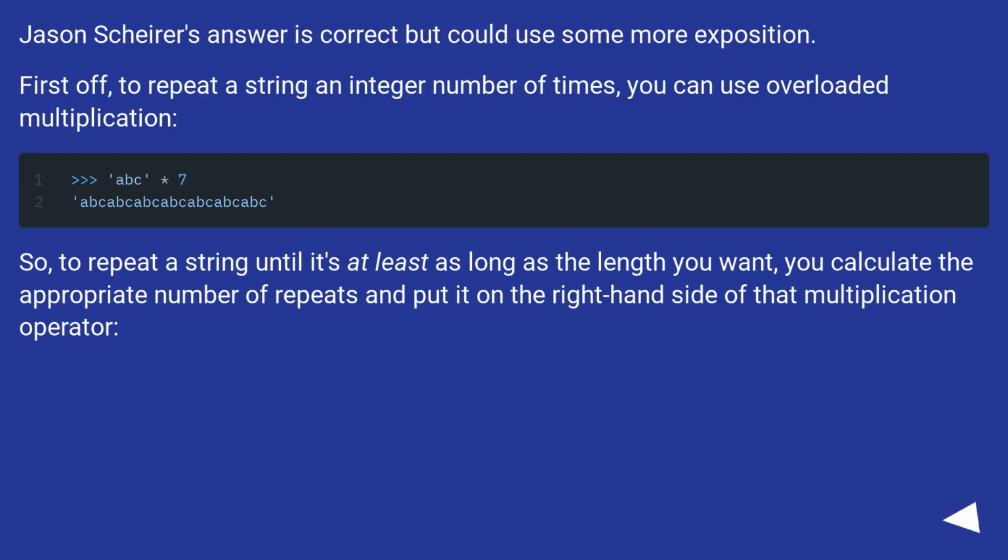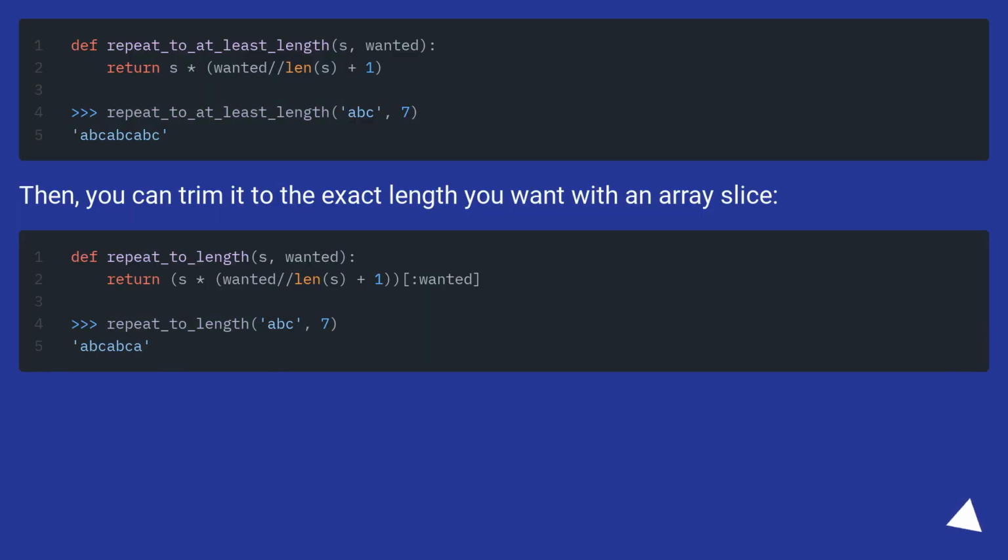So, to repeat a string until it's at least as long as the length you want, you calculate the appropriate number of repeats and put it on the right-hand side of that multiplication operator. Then, you can trim it to the exact length you want with an array slice.